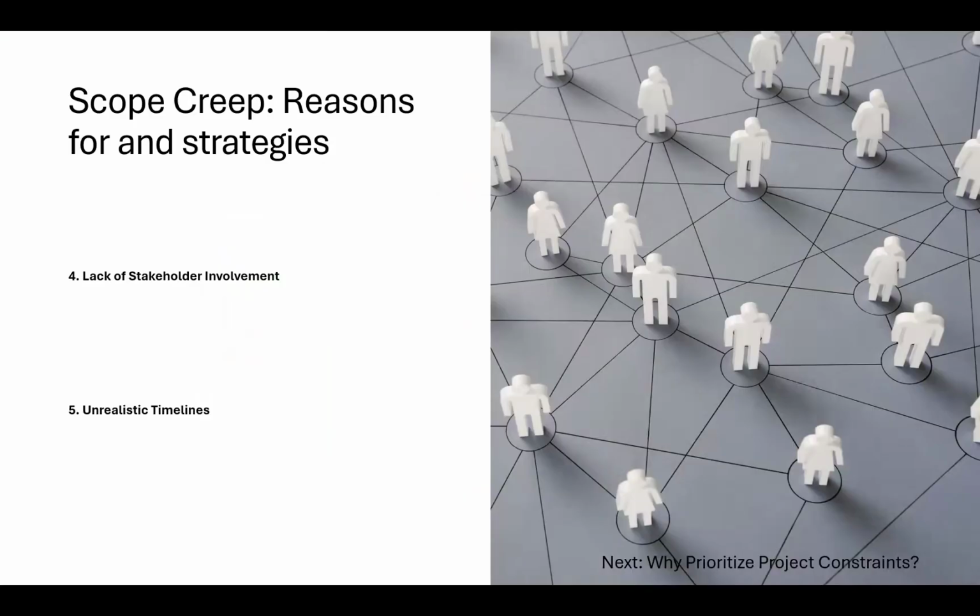Scope creep. Why does that happen? Here's number 4 and 5. Lack of stakeholder involvement. I encourage you to get all people involved at a very early stage of the development of your project. Let them take part ownership.